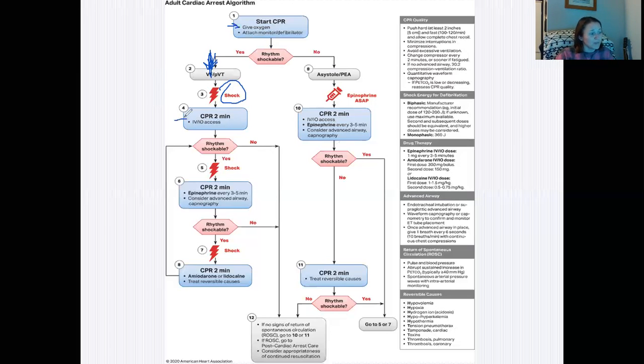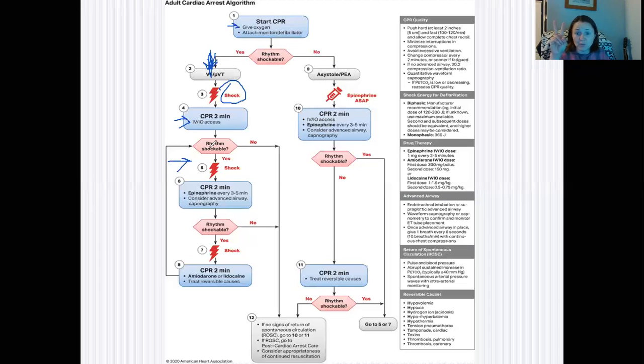While you're doing those 2 minutes, you're getting IV access. Still shockable in 2 minutes, you shock them. Remember also, with every 2 minutes you're switching roles. Whoever's doing chest compressions comes out, somebody else is going in. I will talk about roles in a code in just a little bit, and that timekeeper is crucial because there is a lot going on.